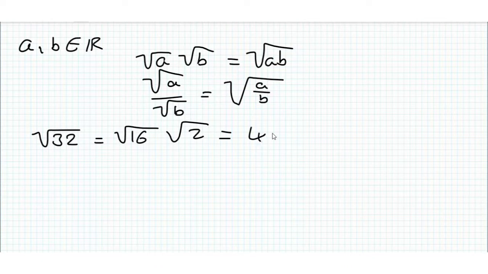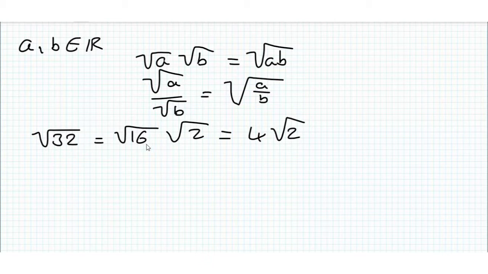The square root of 16 is 4, so this gives us 4 root 2. How do we know this is the simplest form? Well, 2 cannot be split into two separate square numbers, can it? So this is the simplest form, and the way you do that is you make sure you're bringing out the biggest square number factor from under the square root. In this case, that's 16.